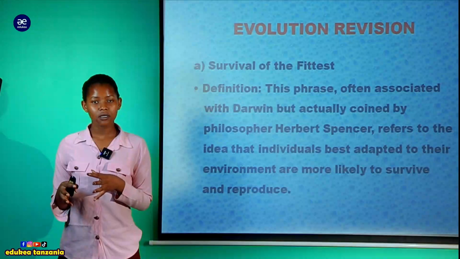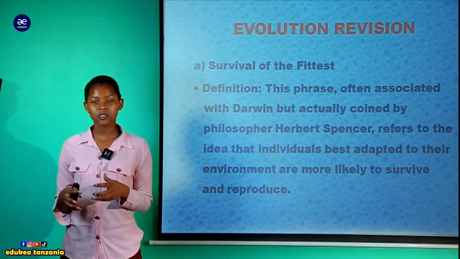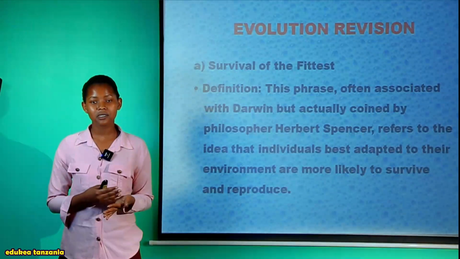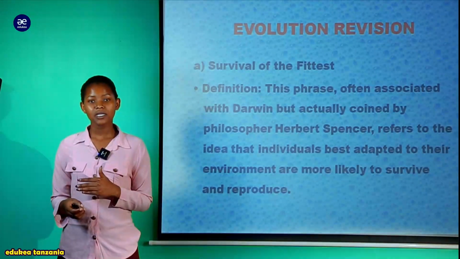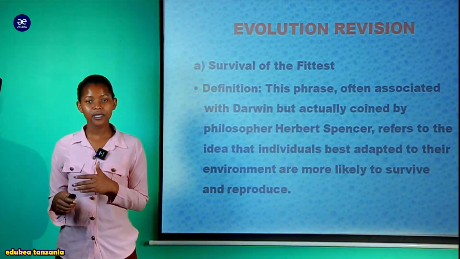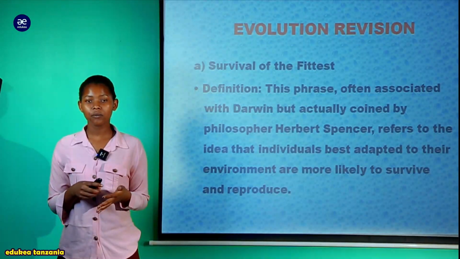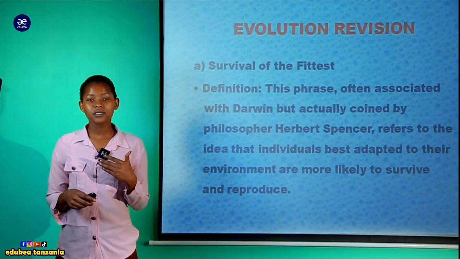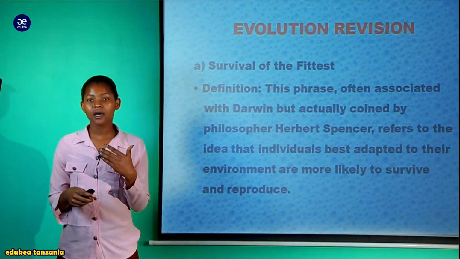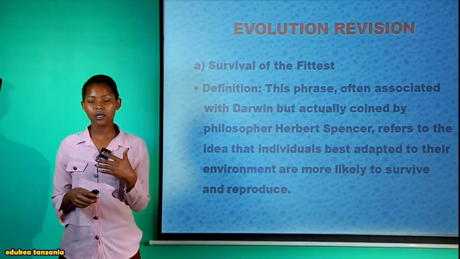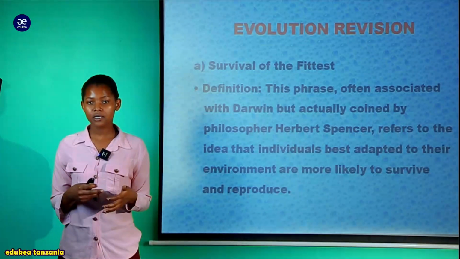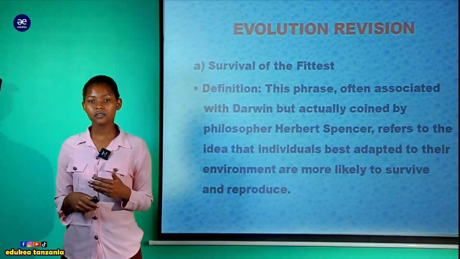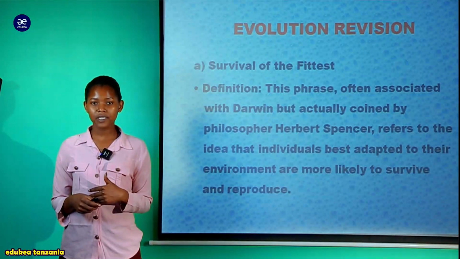Those living creatures possess some traits, some of which will enable them to survive, while others will fail them. For the organisms which survive, we say they have survived the problems associated with the environment, and that is what Darwin referred to as survival of the fittest.